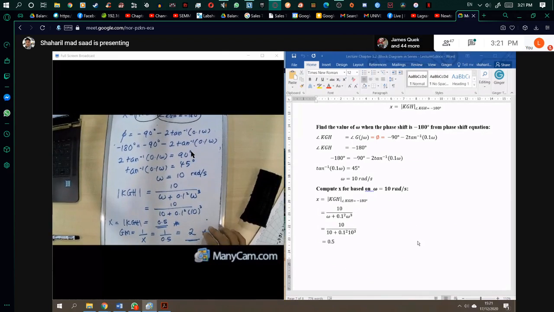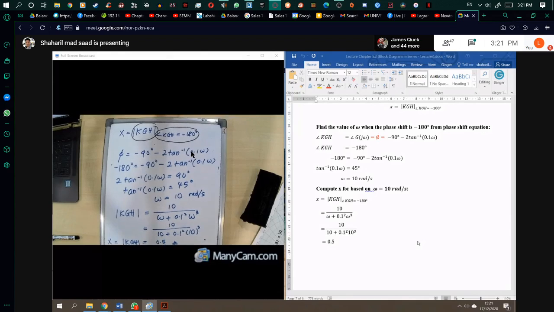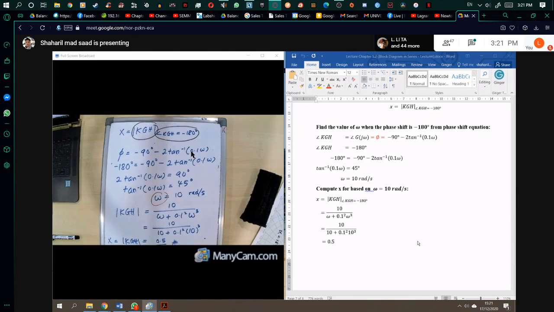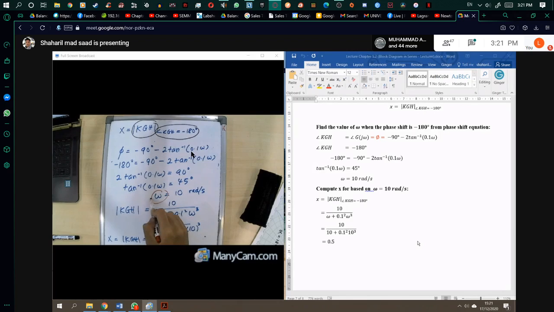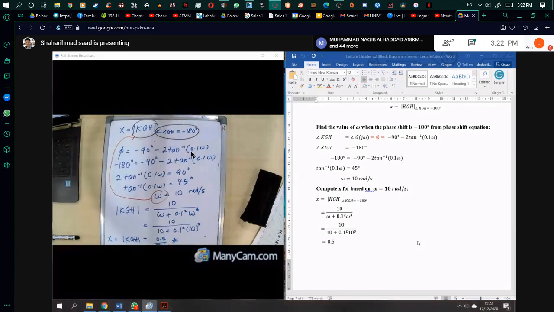So the step is you need to apply 180 degrees to the equation of the phase shift, or this angle. Then you can get the omega, and after that you apply this value to the equation of kgh, the magnitude of kgh.